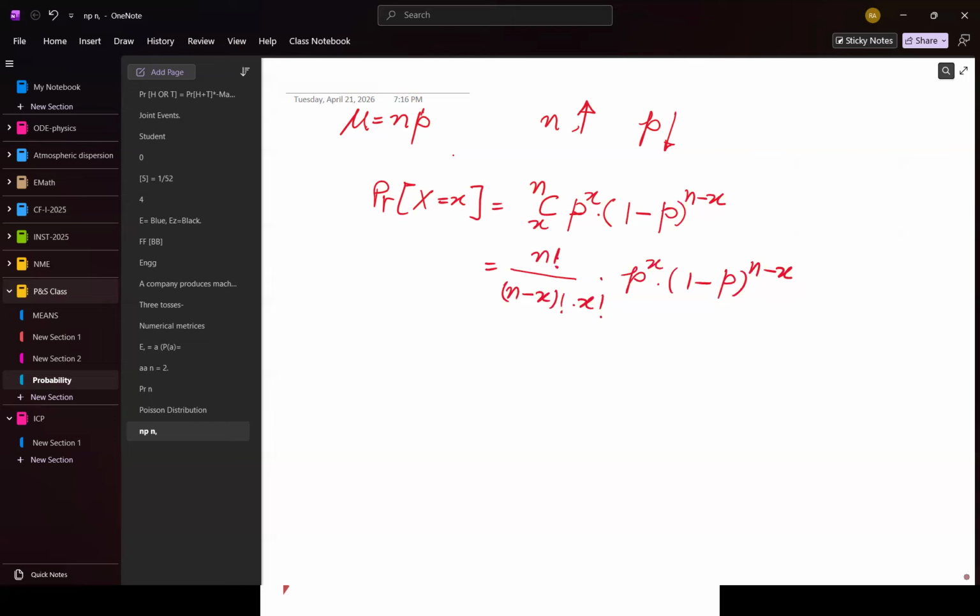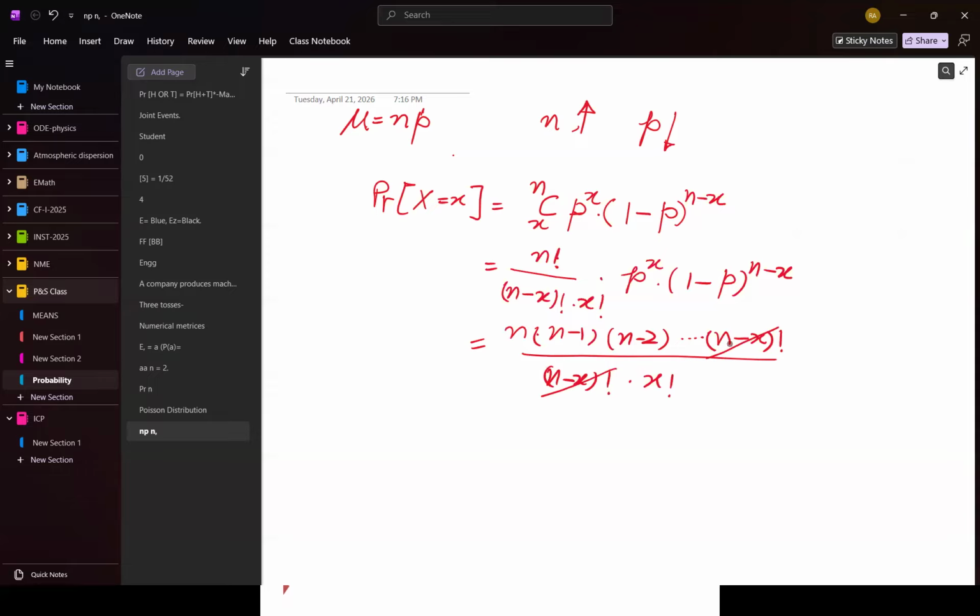Then this can be simplified to n times n minus 1 times n minus 2, and so on, and there will be then n minus x factorial divided by n minus x factorial times x factorial.